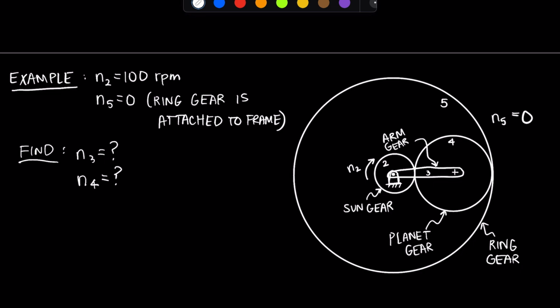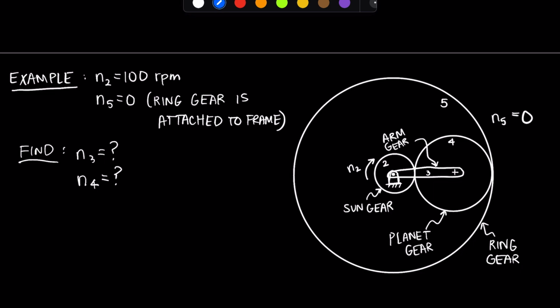So to find our train value, first we're going to unlock gear 5, which is the ring gear, and fix the arm. When we do that, the planet gear 4 and the ring gear 5 are going to rotate in the same direction, opposite of the sun gear, right?